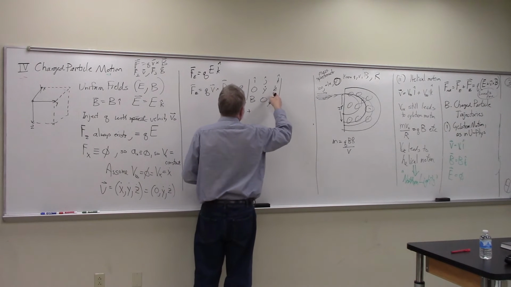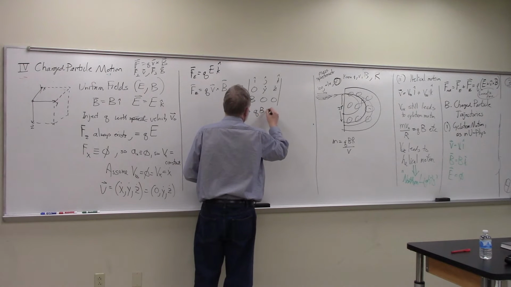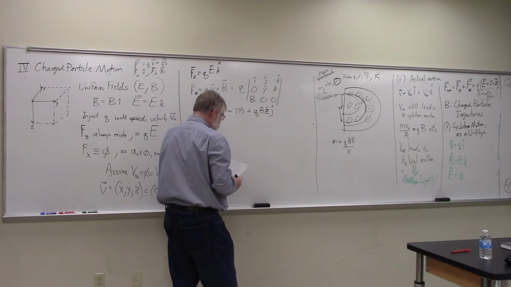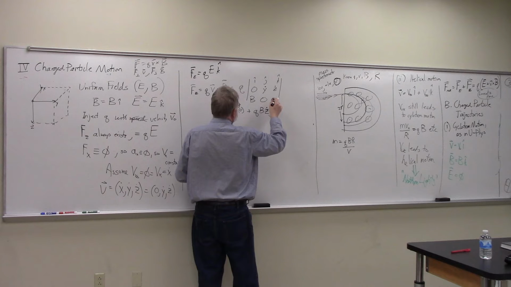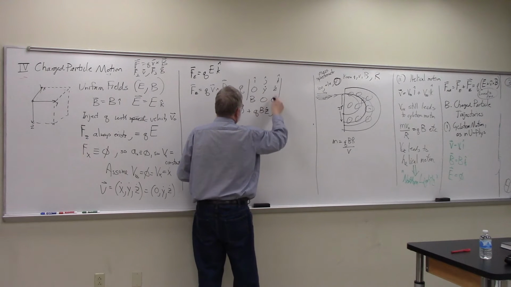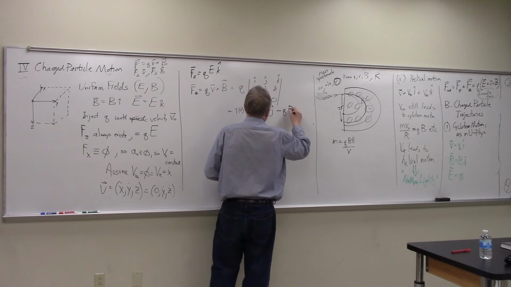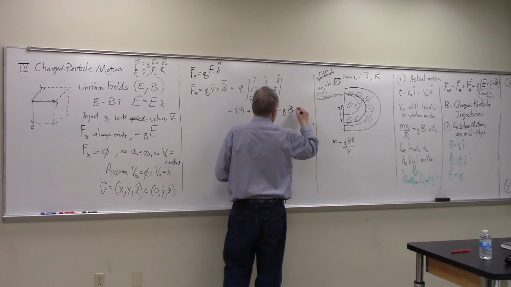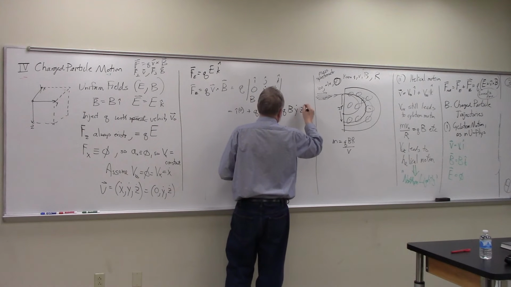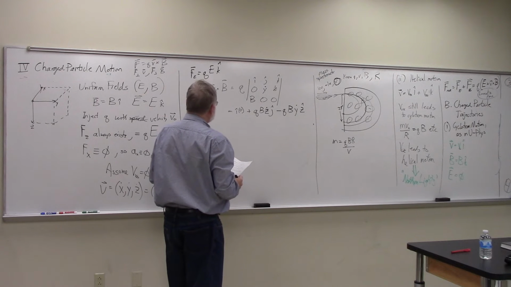What's the y component? Q, E, Z dot in the y direction. And what's the z component? That minus that, minus Q B y dot. There's the magnetic force.